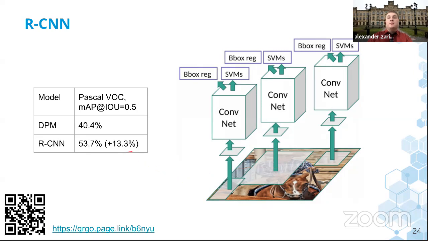So as we can see, this simple approach beat one of the strongest classical object detection models, called DPM, deformable part models, by a 13% margin. And RCNN opened a new page, a deep learning page, in object detection history.